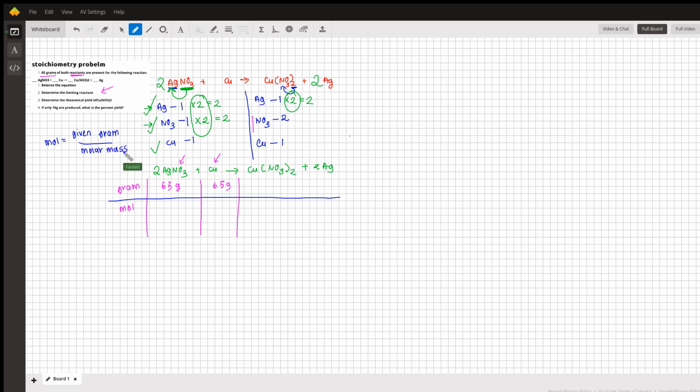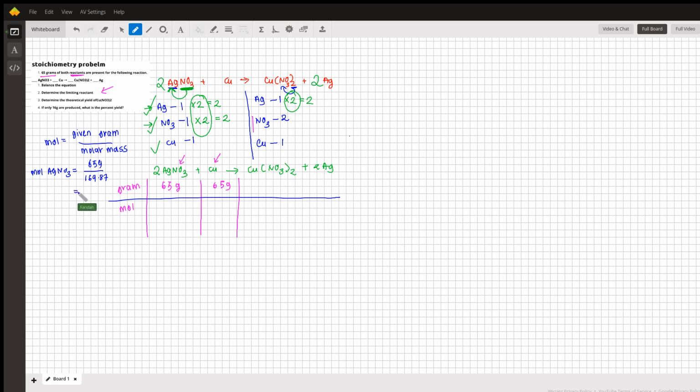So for mole of AgNO3, the given gram is 65 grams. Now what is the molar mass of AgNO3? You need to find that through the periodic table. It is 169.87.